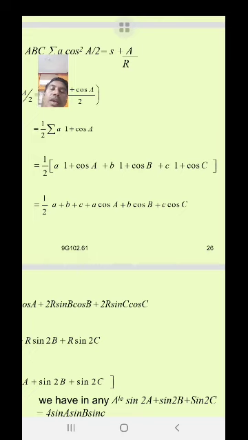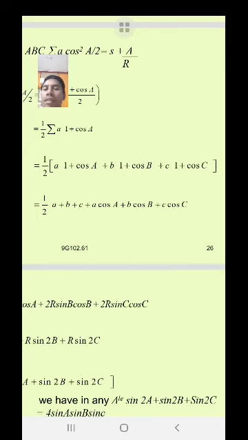Now we are expanding the sigma. That means from short form we are writing the full form. I already told you sigma means cyclic summation. In a cyclic triangle we have A, B, C, so the summation is in three terms.